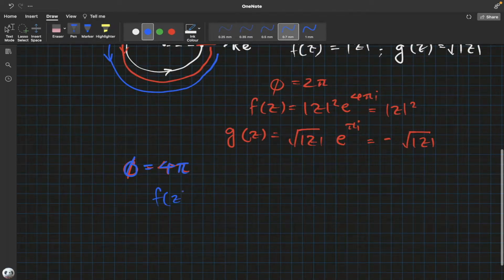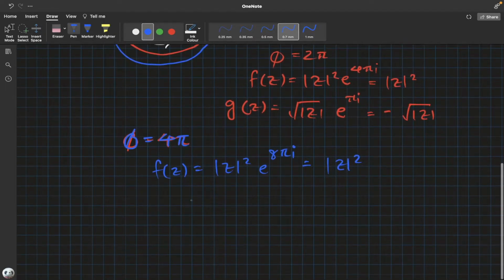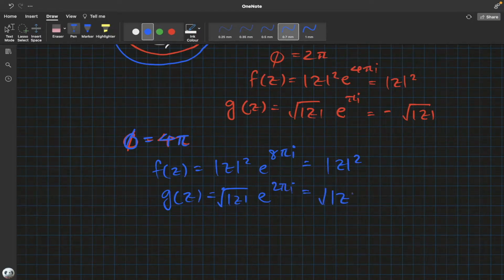So f of z, magnitude z squared e to the, let's see, I believe 8 pi i, is still magnitude z squared. g of z is going to be e to the 2 pi i, which is 1, so just square root of magnitude z. So we've gotten rid of the minus sign.